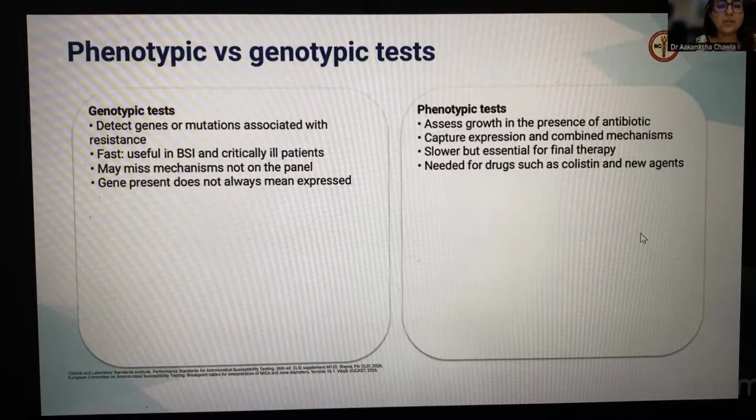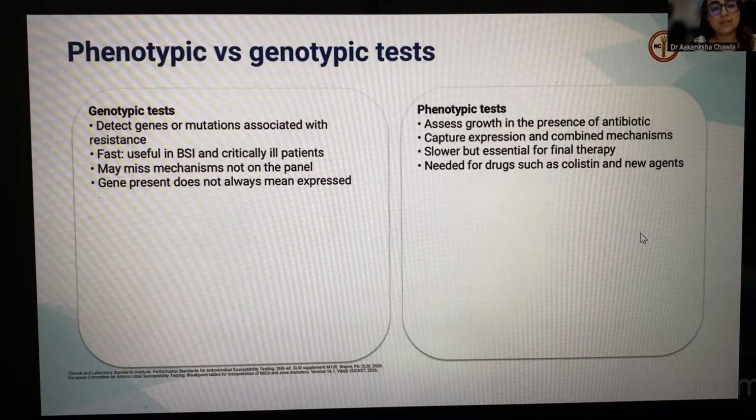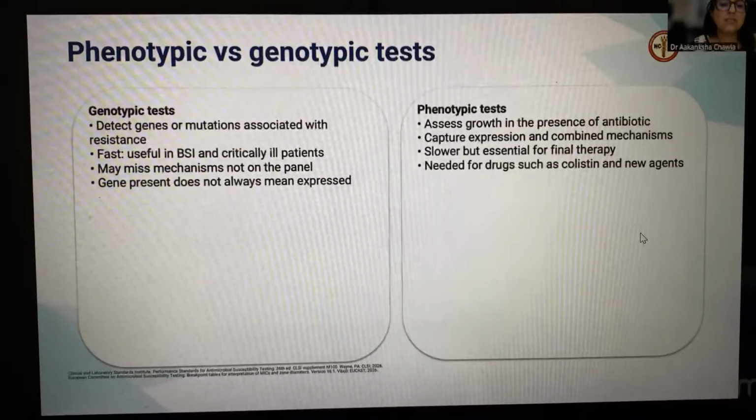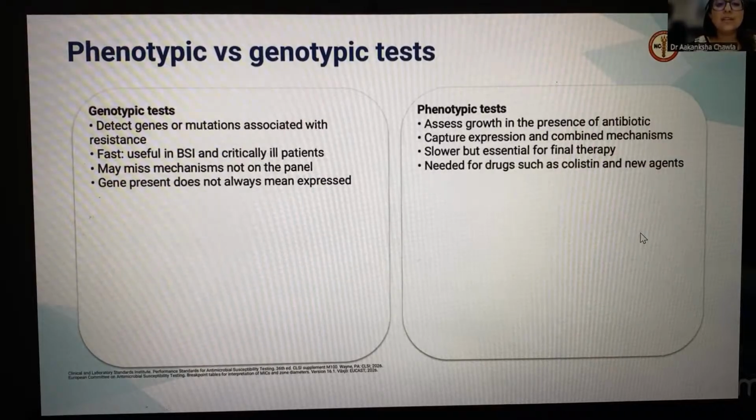So you've got your reports. Now there are tests which basically detect the genes and the mutations, which can be genotypic or phenotypic tests. Genotypic tests would detect the genes or mutations that you were just talking about, and they give you faster results, especially in your critically ill patients when you want to start early targeted therapy.